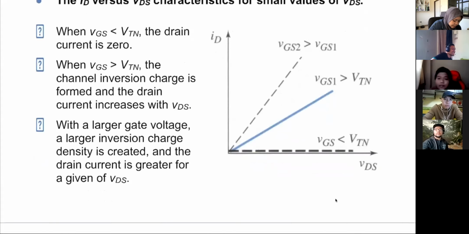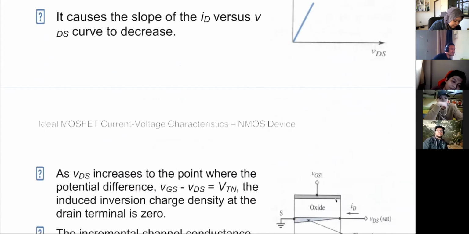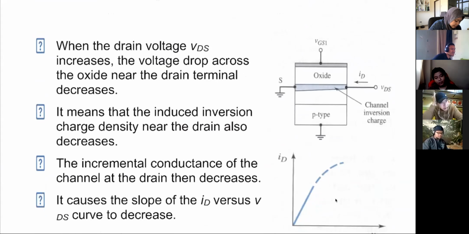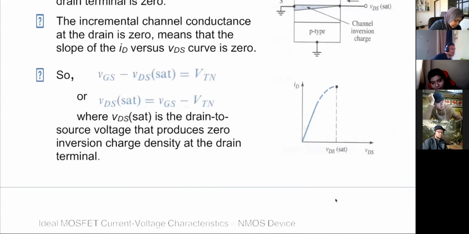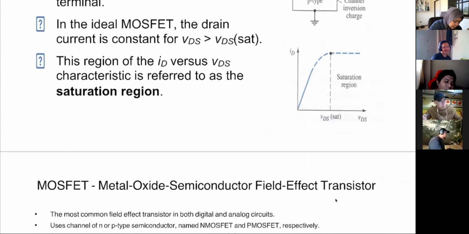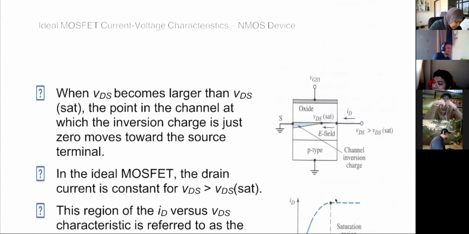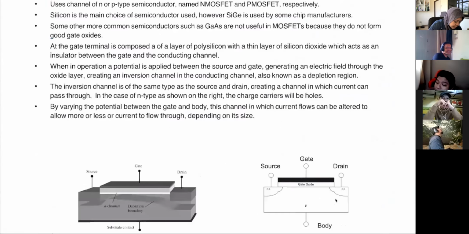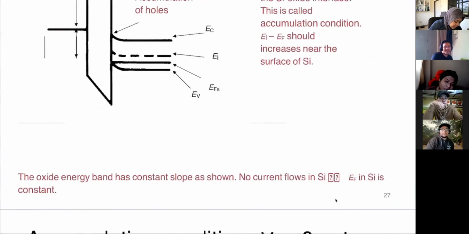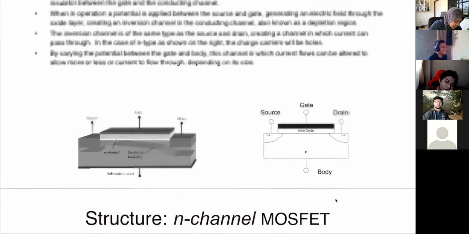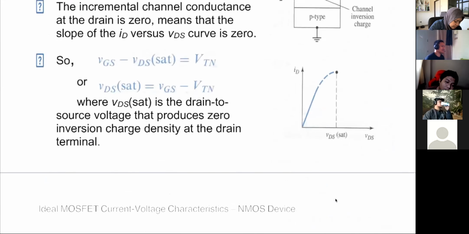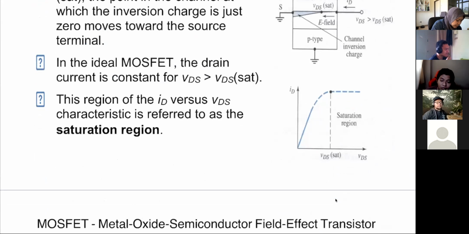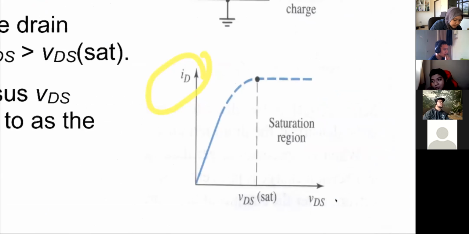Okay, so this is the drain current versus VDS, right? This is a normal characteristic of a MOSFET.